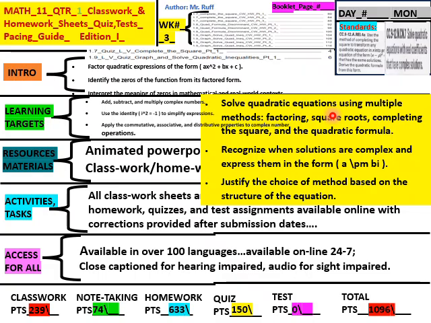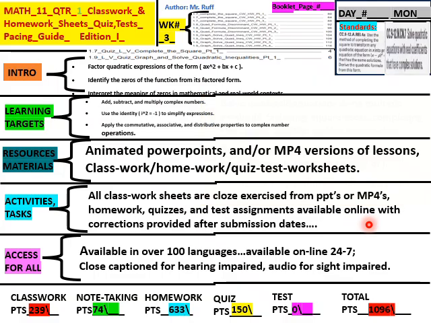Solve quadratic equations using multiple methods: factoring, square roots, completing the square, and the quadratic formula. Recognize when solutions are complex and express them in the form a plus or minus bi, and then justify the choice of method based on the structure of the equation. So we get into that as well.